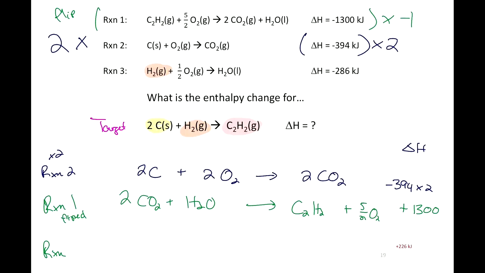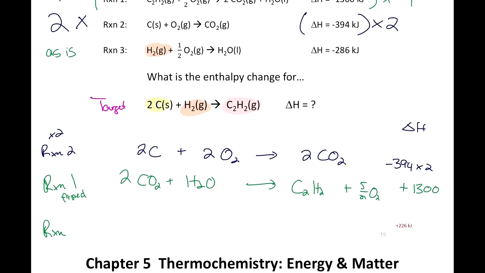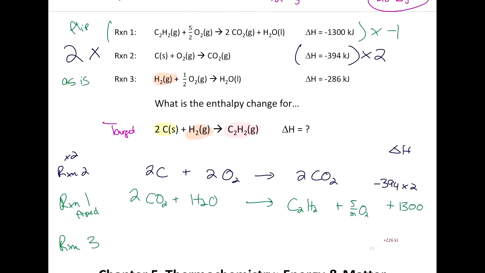So we don't actually have to do anything in terms of manipulating it. We just add reaction 3 as is. So this is reaction 3. I'm just going to rewrite it. So H2 plus half an O2 gives us a water. And so I rewrite this value as is, so minus 286.